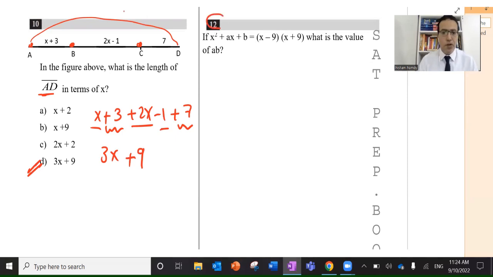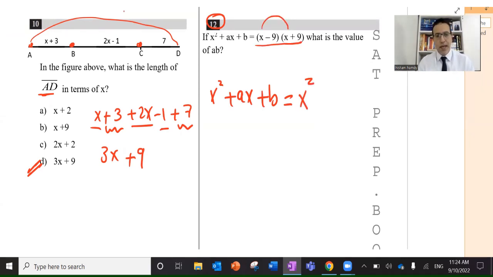Again, number 12, equivalent or comparison between two polynomials. x squared plus ax plus b is equal to x minus 9 times x plus 9. This is a difference of two squares. It gives me x by x and negative 81.